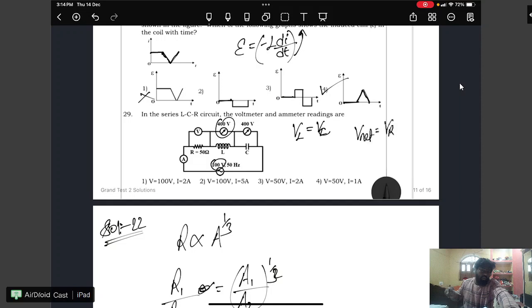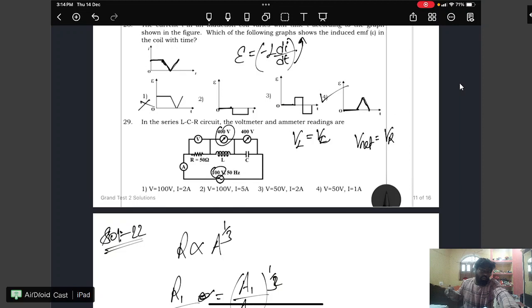In that case, VR is 100 volt, and the current through the circuit will be, V equals IR, so I is equal to V by R, 100 by 50, 2 ampere. Option 1 is correct.